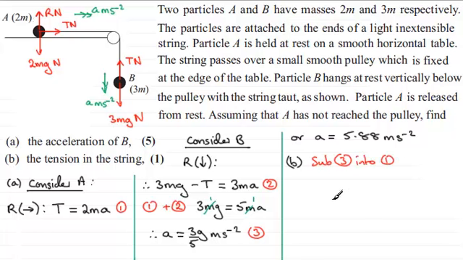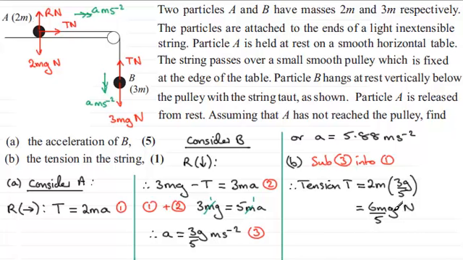If we do that, we have the tension T equals the 2m multiplied by a, and that will be 3g over 5. That gives us a total of 6mg over 5, measured in newtons.